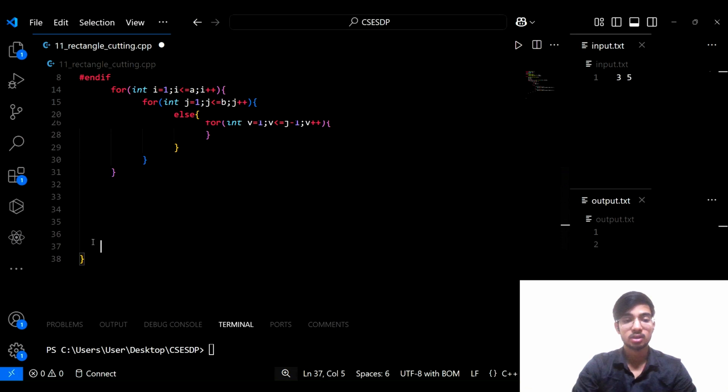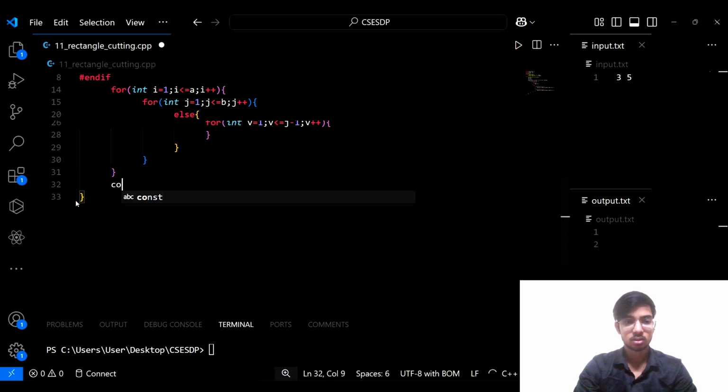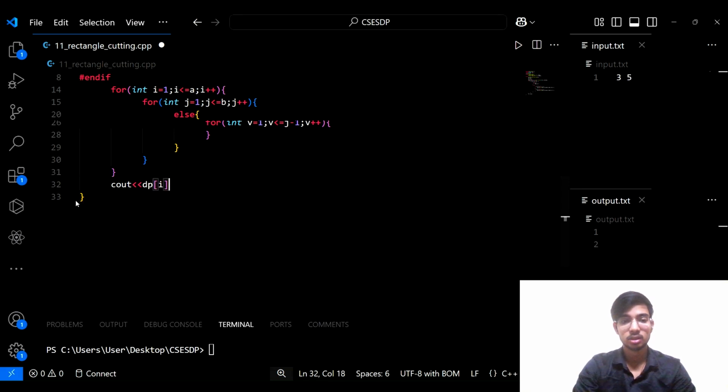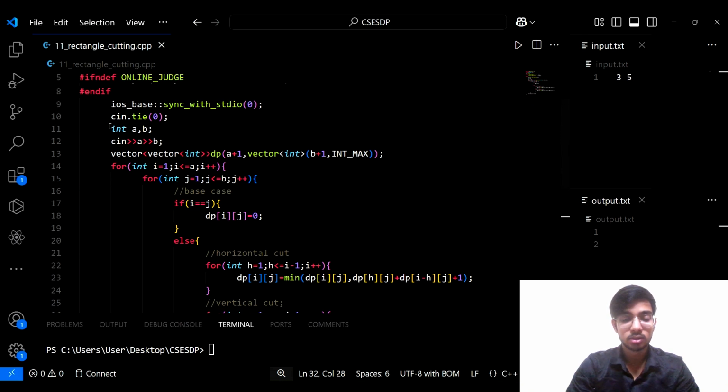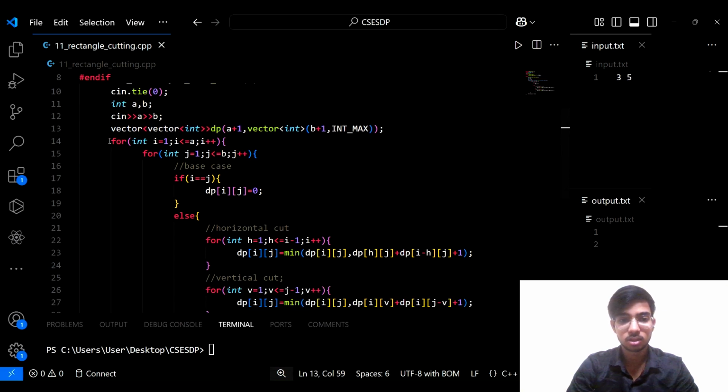And finally we have to return our answer, that is, cout dp of a b. Now this is the code. Let me check it once. Is there any type of mistake or not?